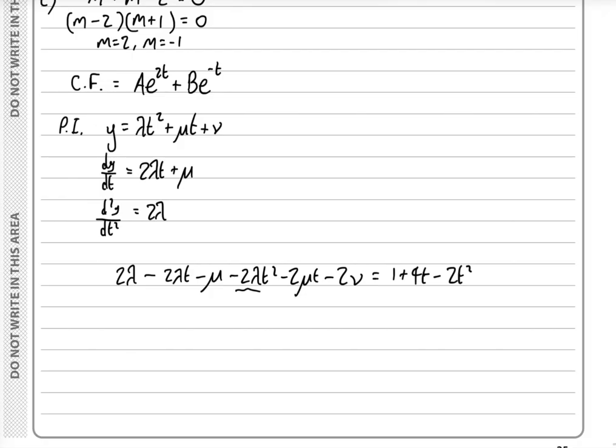So this one here, minus 2 lambda, has to equal minus 2, so lambda is equal to 1. That's a nice easy start. Then this one and this one together have to equal a 4. So we've got minus 2 lambda minus 2 mu equals 4. And we know lambda is a 1.